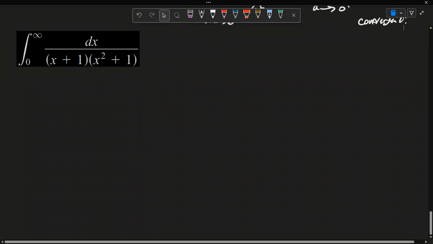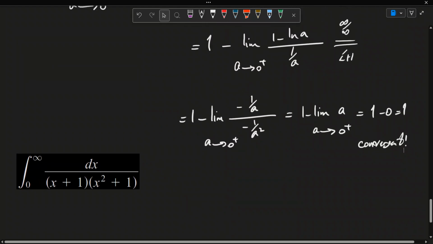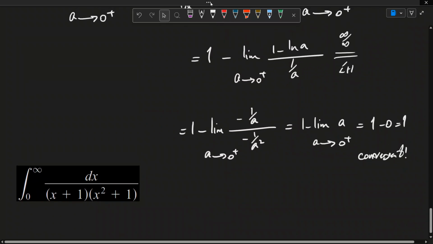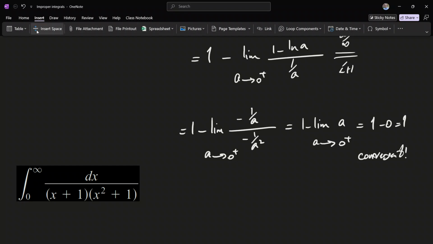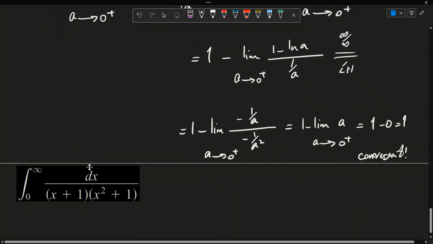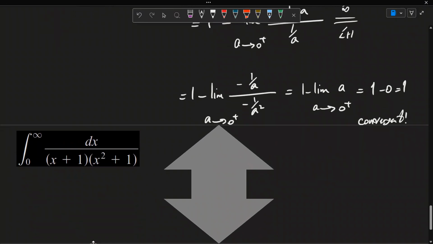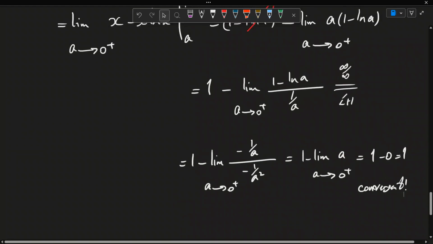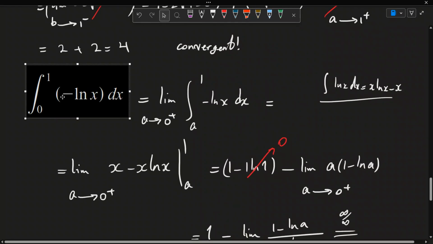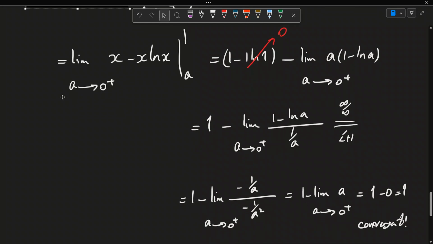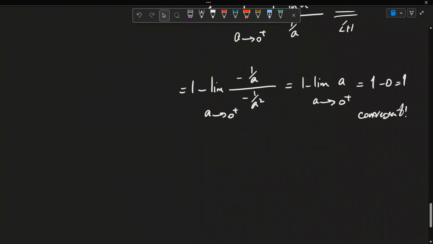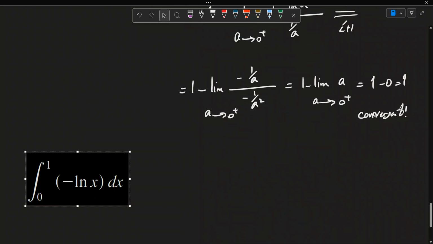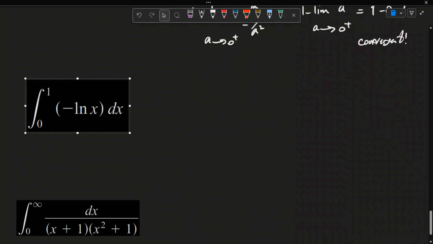Another improper integral, however, I wanted to show this one as first type. Let's study the same problem, but let's use the substitution first.